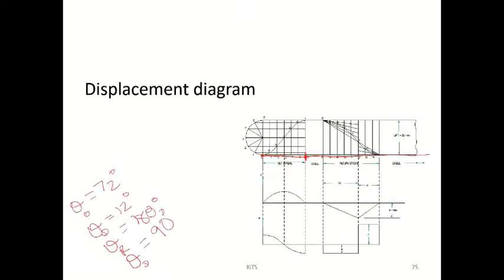So draw the horizontal line and here mark 7.2 centimeter. After 7.2 centimeter, put a dot.